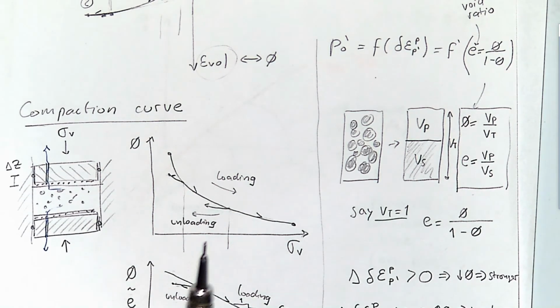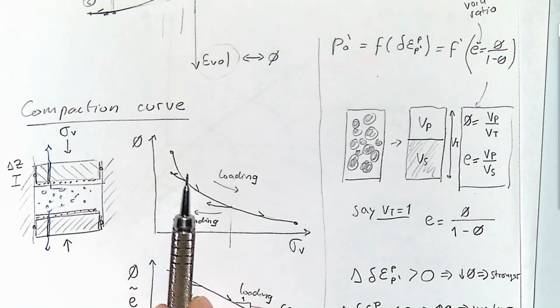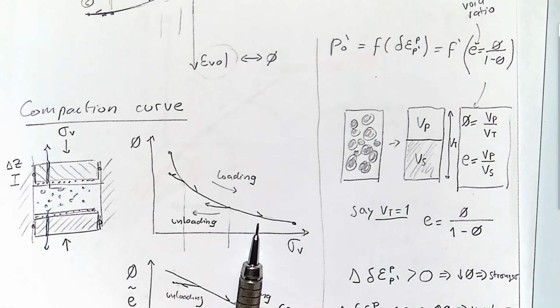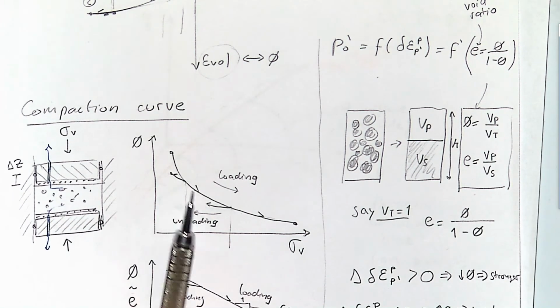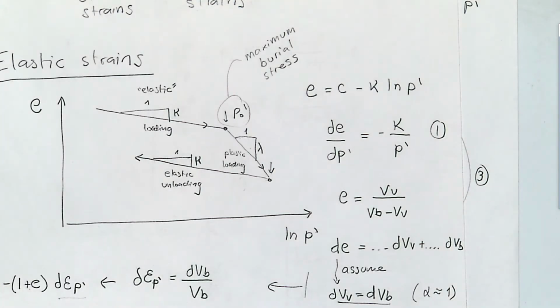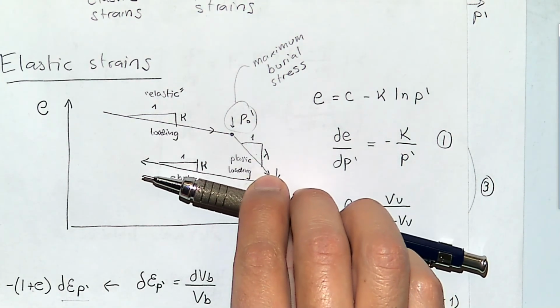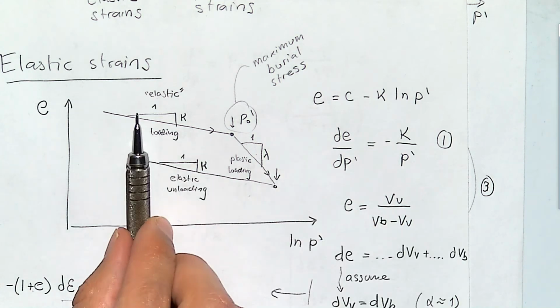And remember, this is a non-linear deformation. Rock is more compressible here than over there. And the compressibility is not the same. Okay. But when you put this into a logarithmic plot, the slope is the same. It doesn't mean that compressibility is the same here and there.